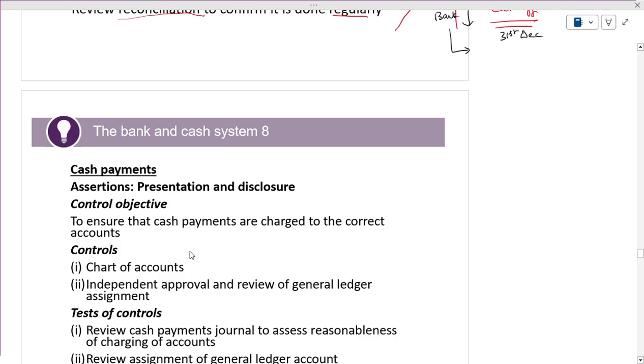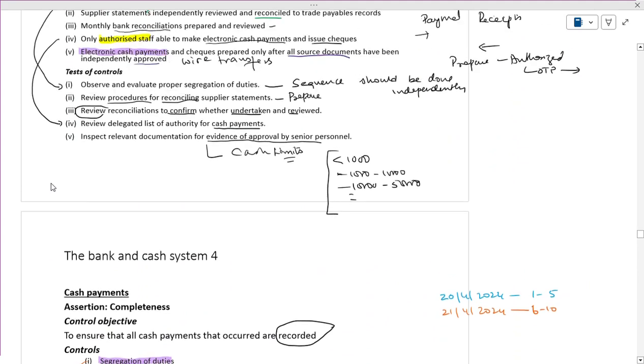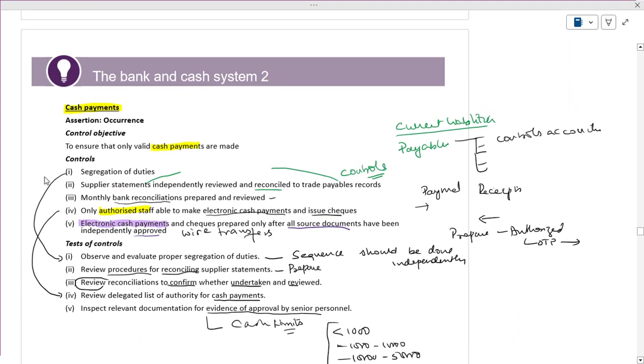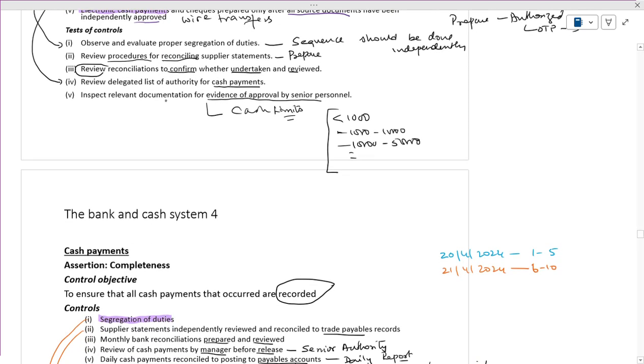Now you see the thing. You understand the way it is done. First, what will happen? The first will happen with respect to occurrence and existence. In some cases, existence. The first is occurrence. The second one is completeness.